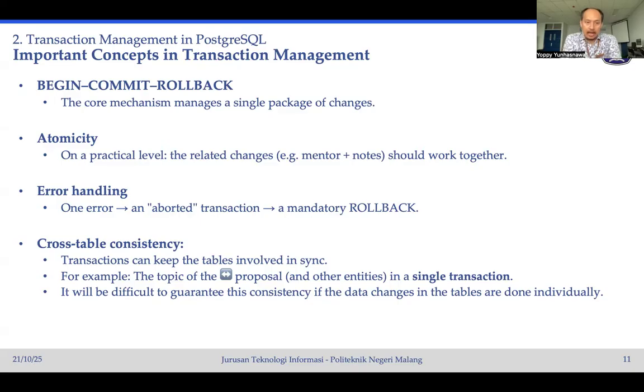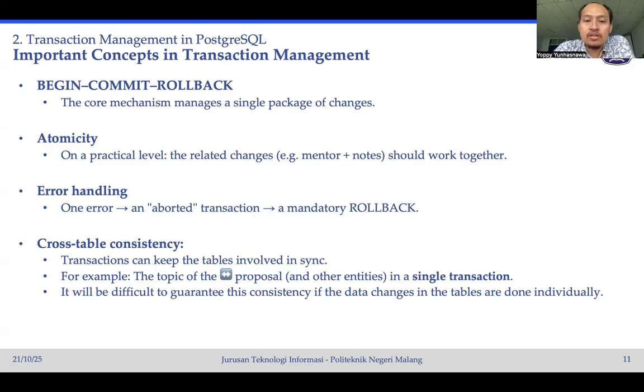And then also the atomicity principle. On a practical level, if there are related changes, they must be done together, all of them. For example, in the final project system, whenever an advisor or a mentor gives changes in the proposal, he or she will add some notes.